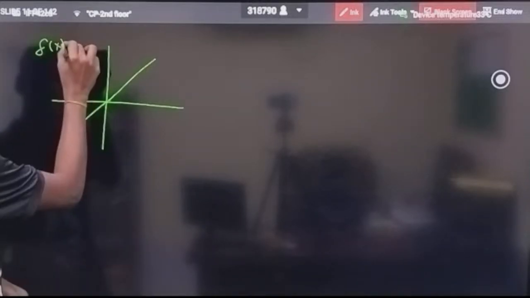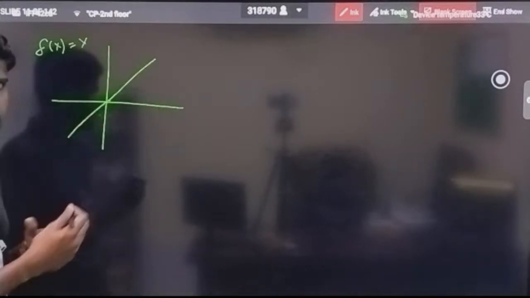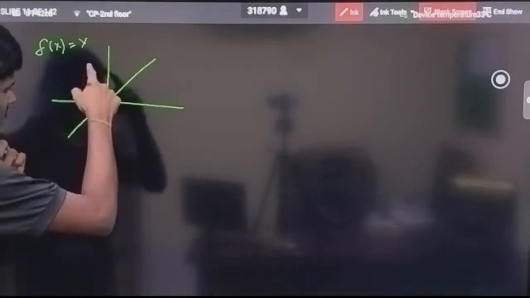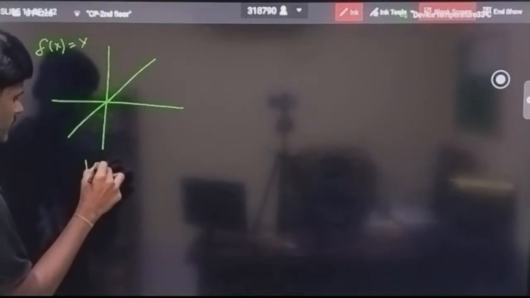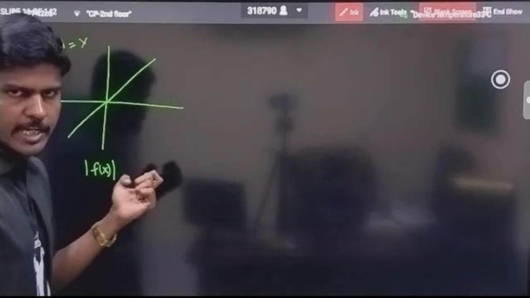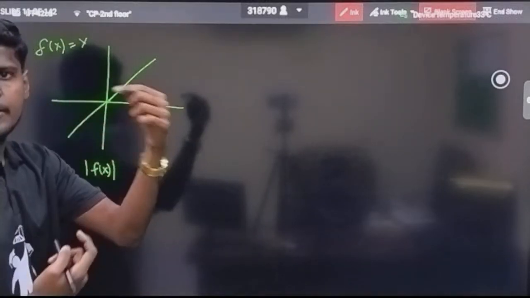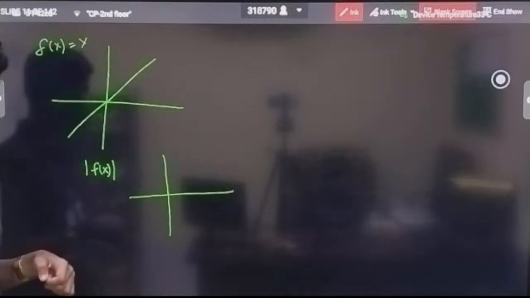As f of x is continuous, y equal to x, let f of x equal to x is a line. This is a continuous line. As this is continuous, mod of f of x, what is the graph of mod of f of x? Whenever f of x becomes negative, we will take the absolute value of that. So how will the graph of mod of f of x be?